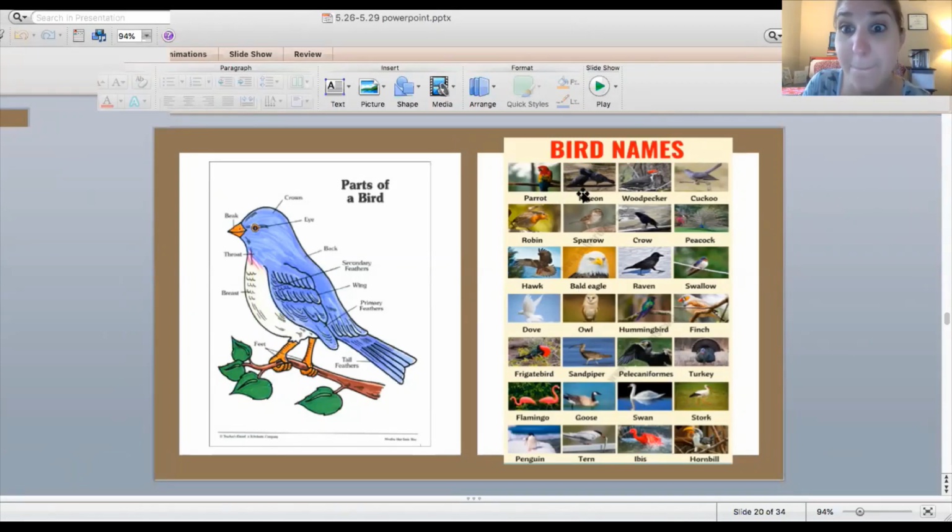It says parrot, pigeon, woodpecker, a cuckoo bird, robin, a sparrow, crow, peacock, hawk, a bald eagle, a raven, a swallow, a dove, owl, hummingbird, finch, a frigate bird, a sandpiper, a pelican, a turkey, flamingos, geese, swans, storks, penguins, terns, ibis, hornbills, and guess what? That's not even close to how many actual birds there are in our world.